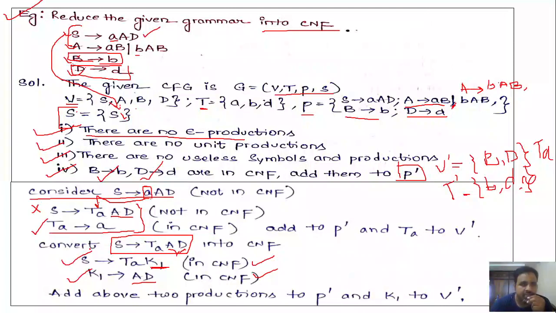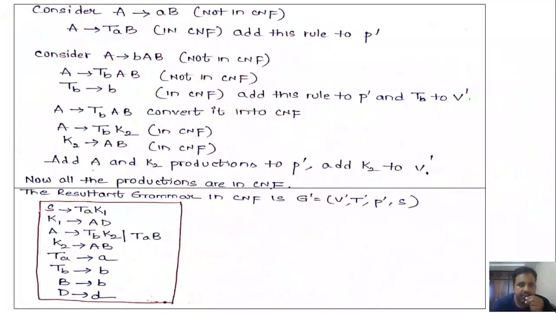Next, take the second production, capital A denotes small a, capital B, and bring it into CNF. So it is not in CNF. First represent that small a with TA. So A denotes TA B. So it is in CNF. So add this production to production set P dash.